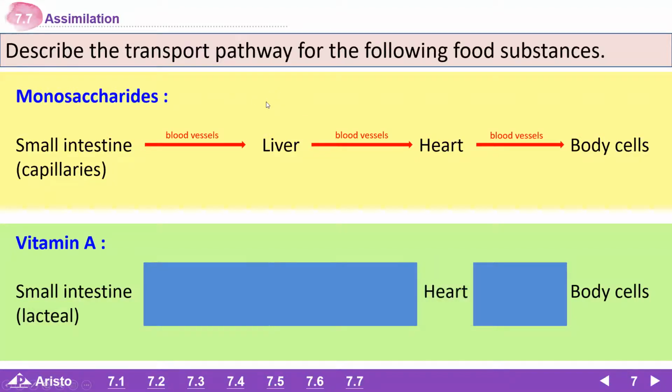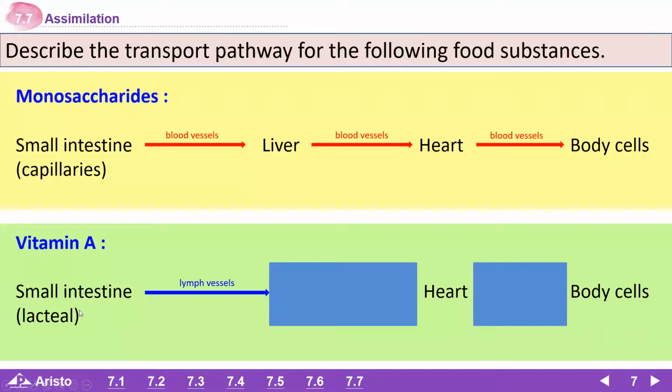All right. For fat-soluble substances such as vitamin A, although they are absorbed by the lacteal, not capillaries, the amazing thing is that eventually they have a way to arrive at the heart.